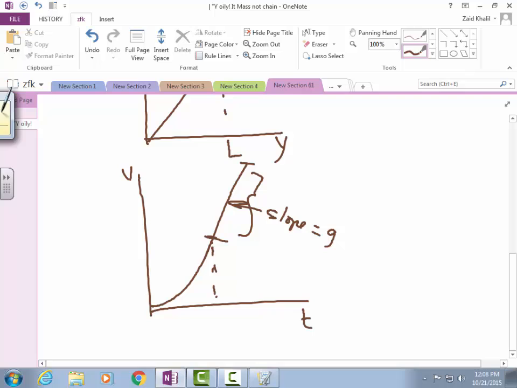So now A versus T is a little bit harder, and you're not going to be able to infer A versus T without calculus. You need calculus to find A versus T. And actually, A versus T looks like this. It's actually exponential and then flat lines.